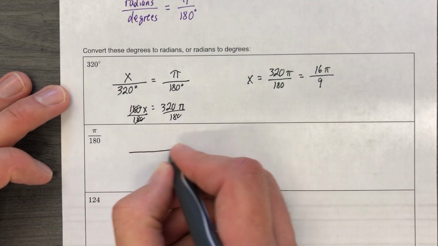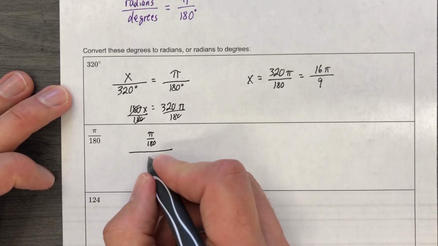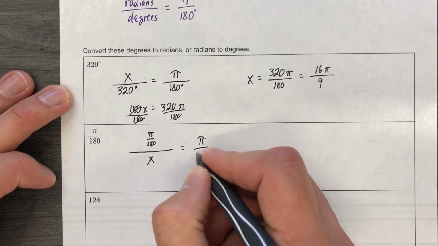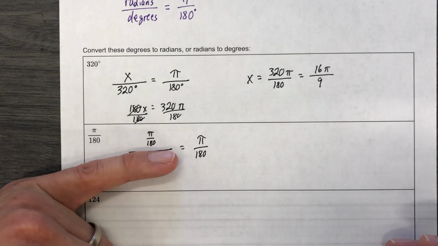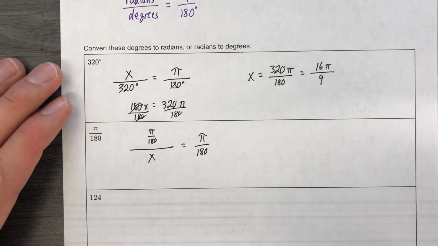So we're going to have radians over degrees, which we don't know, and that's equal to pi over 180. This one's going to be a little bit more obvious. Okay, let me just cover up something for a second. Pi over 180 equals pi over 180, right? You with me on this? Yeah, it's true.